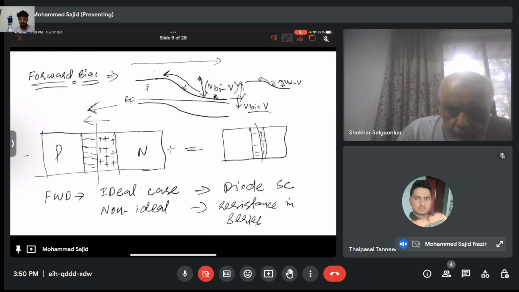And if we talk about the ideal case of the forward biased diode, it acts as a short circuit. In the non-ideal case, there is always a resistance in series, which is the normal case.